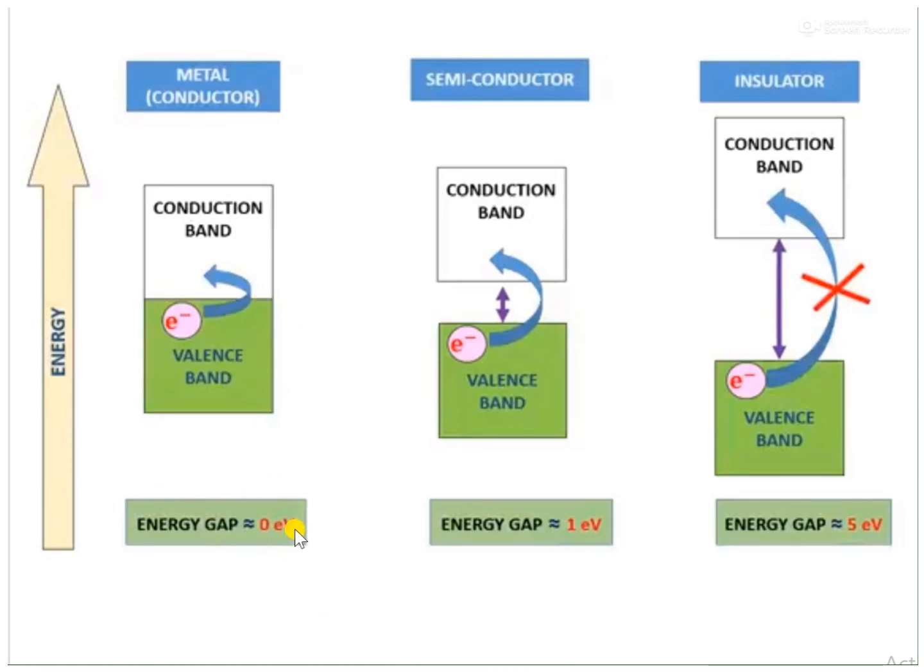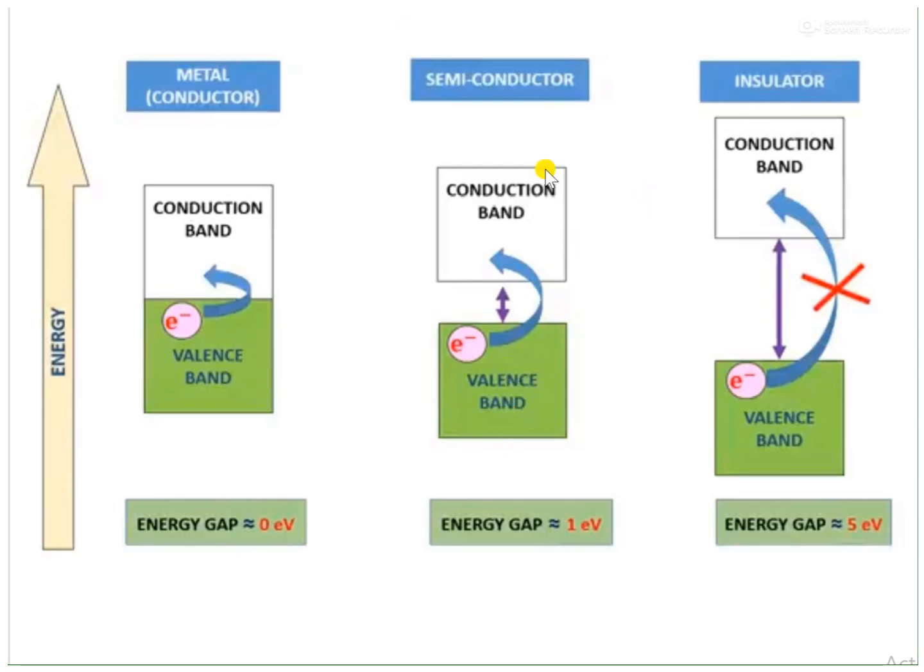No energy is required to make an electron jump from the valence band to the conduction band. Semiconductors lie between metal conductors and insulators. Conductors are those materials which can pass electricity, and insulators are those materials through which electricity cannot pass. And semiconductors have characteristics between metal conductors and insulators.